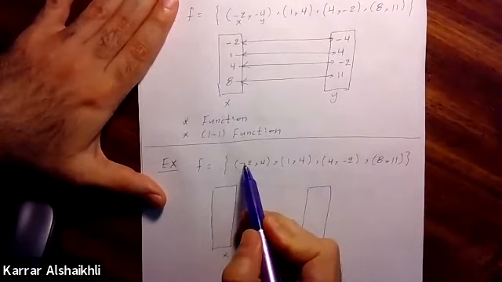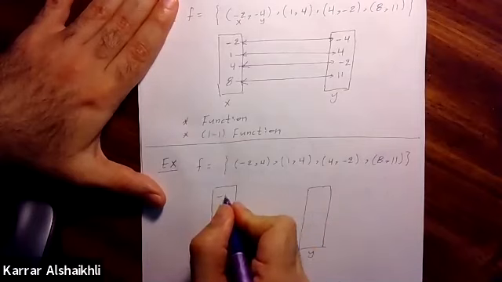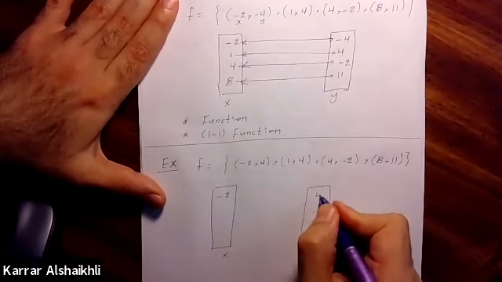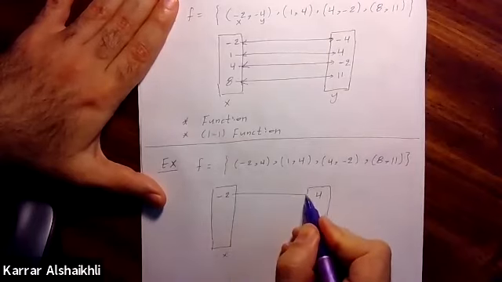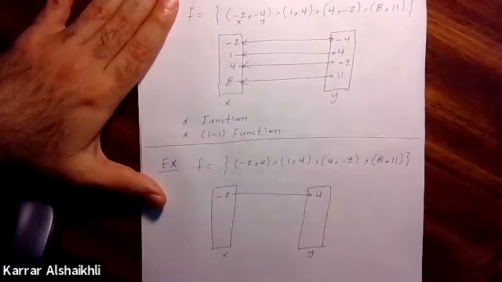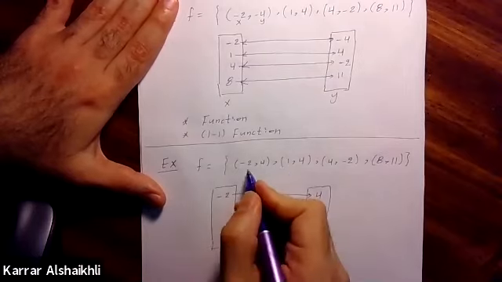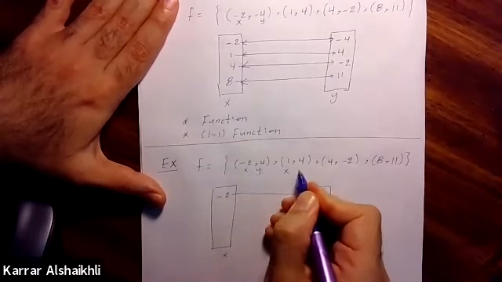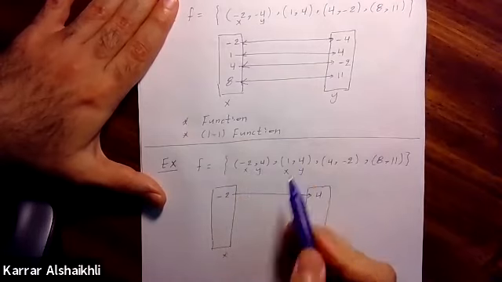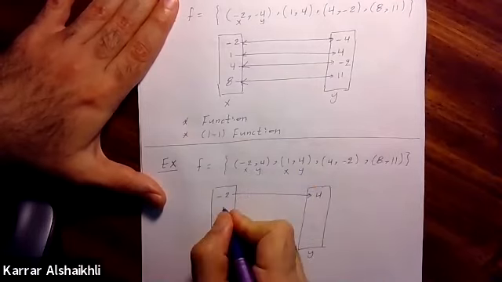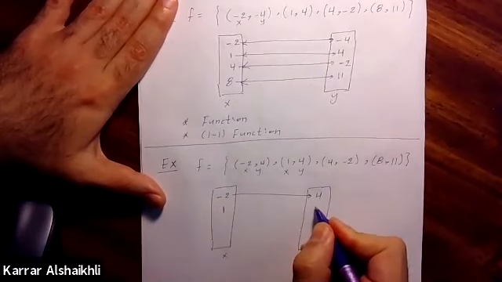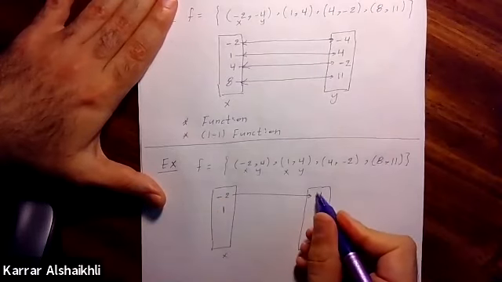X, Y. So -2 goes to the 4. Here is -2, here is 4. The second one: this is the X, this is the Y. So 1 goes to the 4. I'm not gonna write down 4 again here because I already have 4.